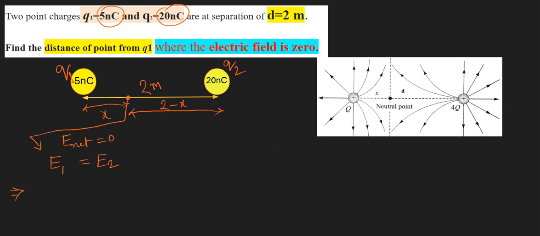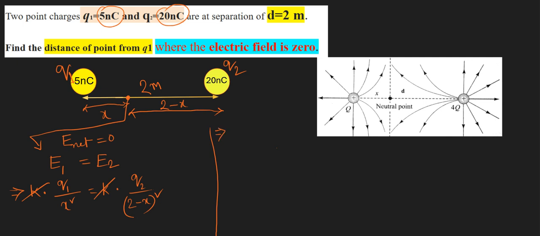So by the definition of electric field, we could write down the constant K Q1 over x square, equals constant K Q2 over 2 minus x square. So this K cancels out.